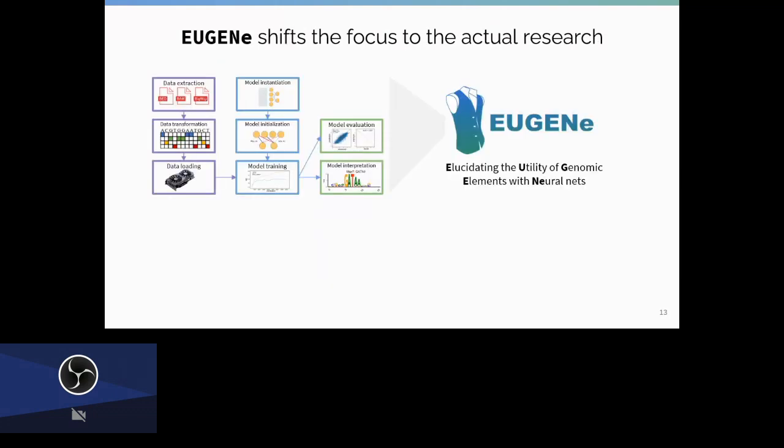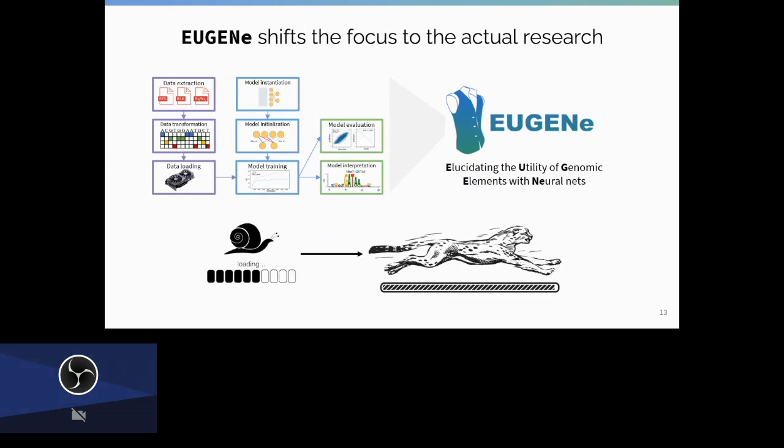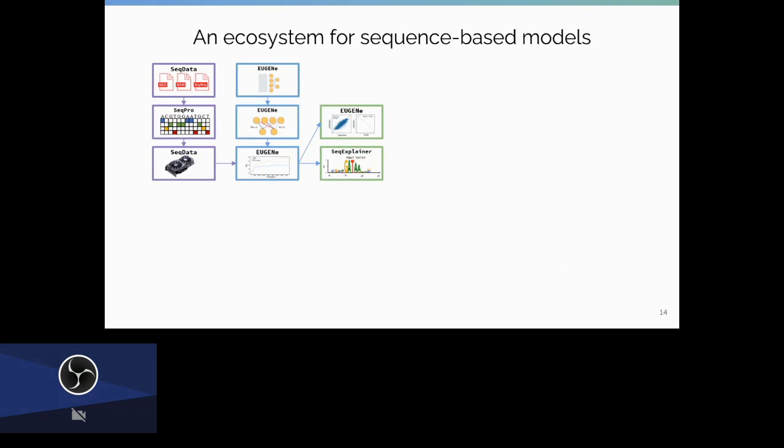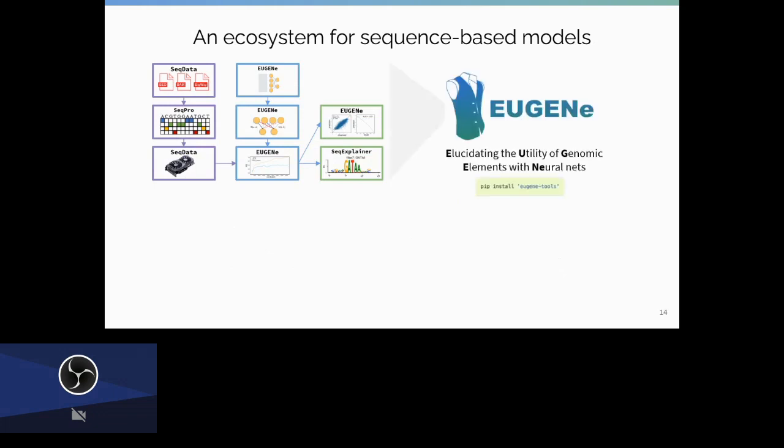And EUGENE shifts the focus from reinventing the wheel to innovating it, allowing users and developers to more readily move their research forward. In summary, I hope I've convinced you that EUGENE addresses this unmet need for a simplified and comprehensive framework for doing this.